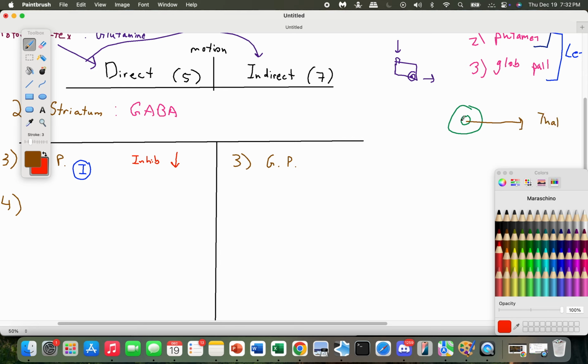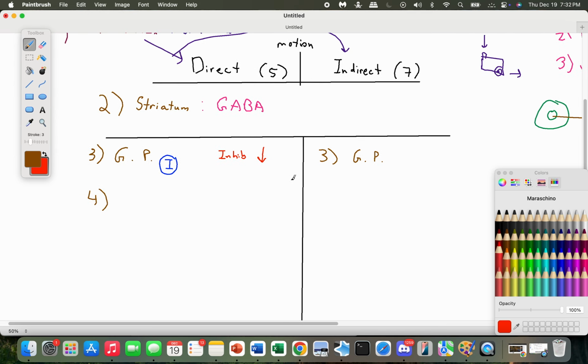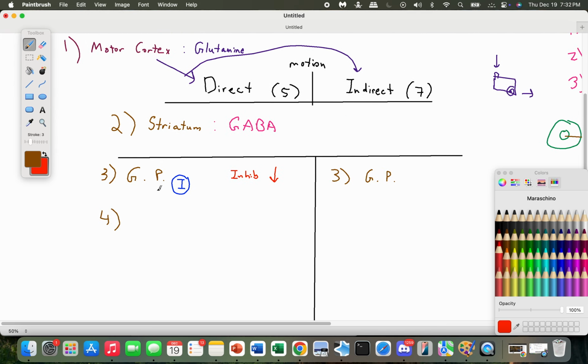And note specifically where I drew this arrow. I didn't draw it out here or out here. I drew it in the center. And that's going to be a key point that we're going to touch on. So as I just said, we inhibited the internal structure of the globus pallidus. So that means we get to straight up talk to the thalamus.